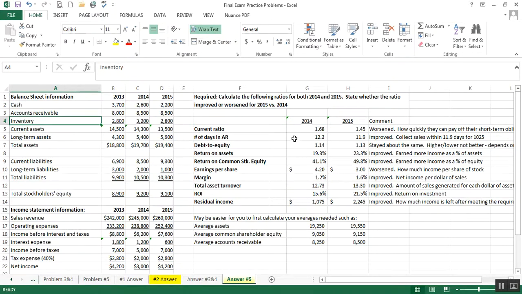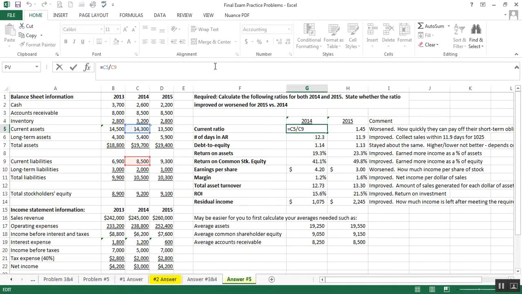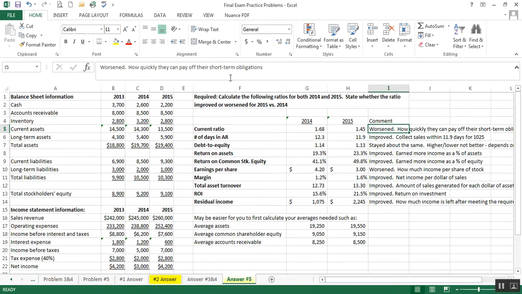So we're going to take our current assets divided by our current liabilities. This is how quickly a company can pay off their short-term obligations. We look at 2014 of 1.68 compared to 2015 of 1.45. This company's current ratio has worsened from 14 to 15.